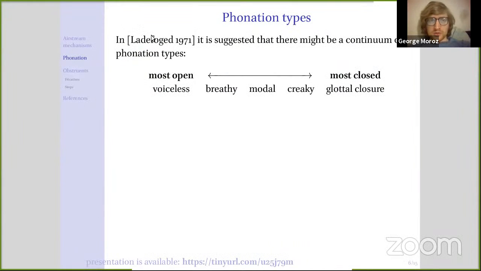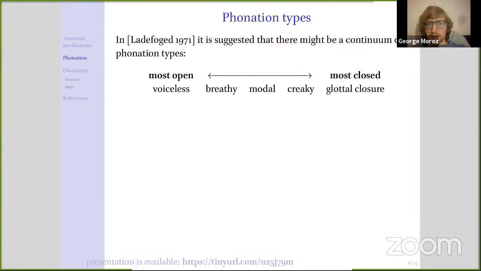So the first thing that I wanted to say, back to the boring theory. Larry Fogett in 1971 suggested that there are actually no phonation types, like differences, because it's more like a scale.